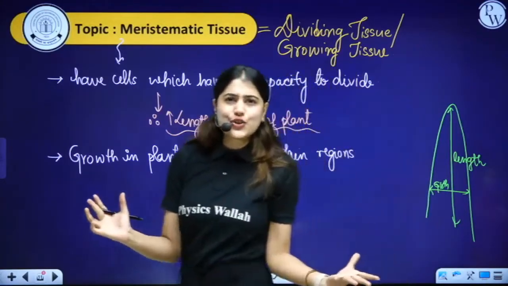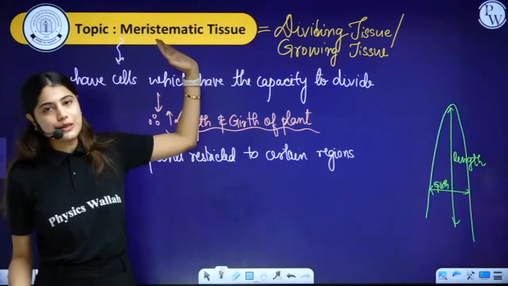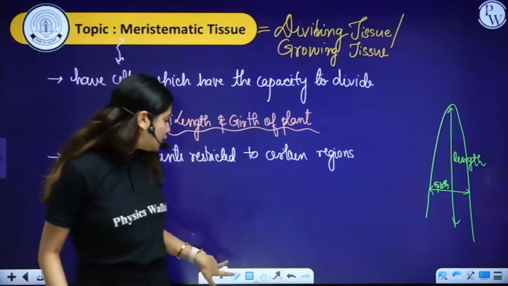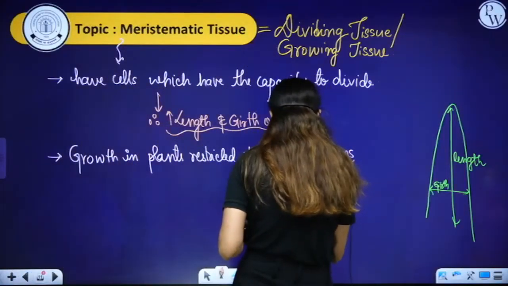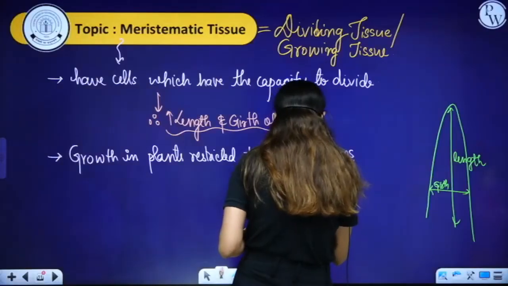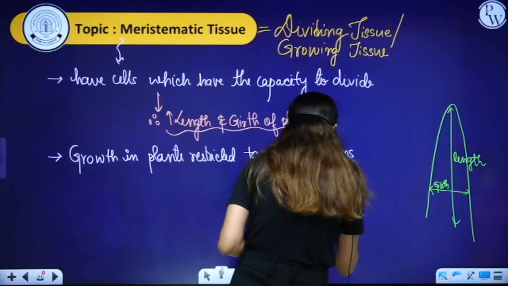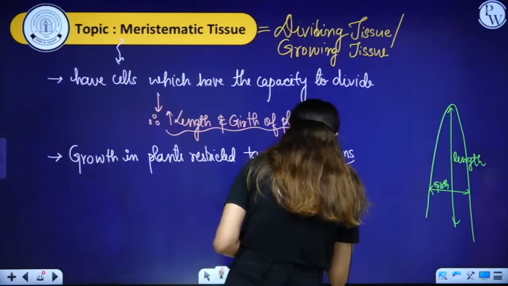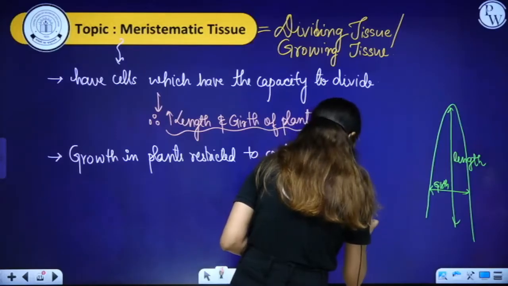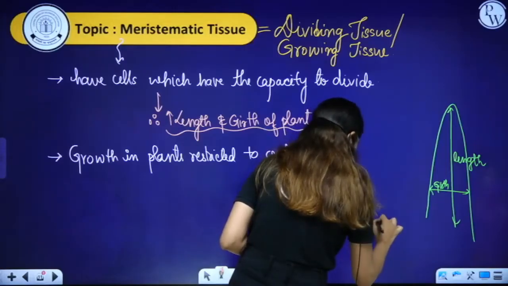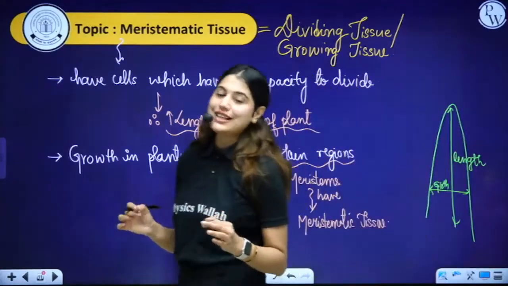And why are they showing growth? Because they have the growing tissue, that is the meristematic tissue. So I can say those certain regions can be called the meristems. And why do they show the growth? Because they have meristematic tissues. Right? So that was about the basic introduction of meristematic tissues.